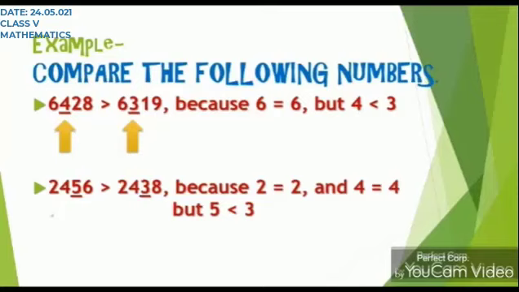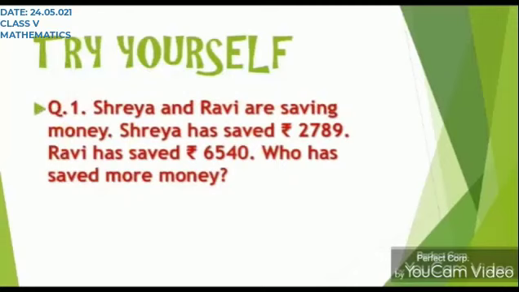Moving towards the right, we have 4 in both of these numbers. Moving towards the right, we now have 5 in the first number and 3 in the second number. So when we compare 5 and 3 together, it is clear that 5 is the greater one. 2,456 is the greater number.